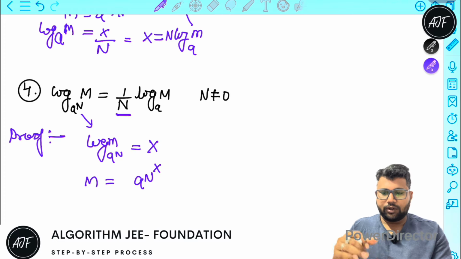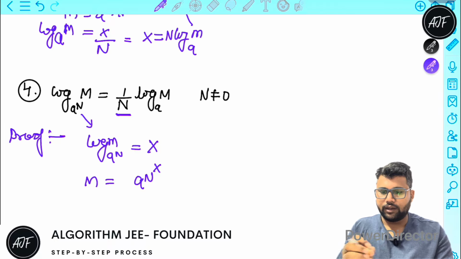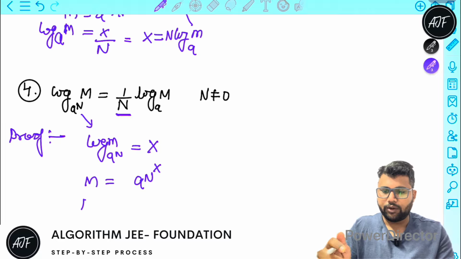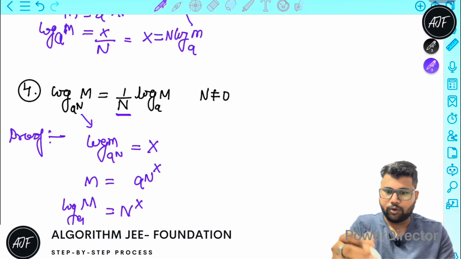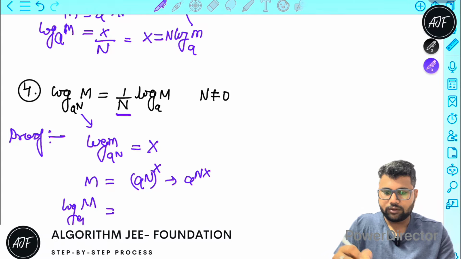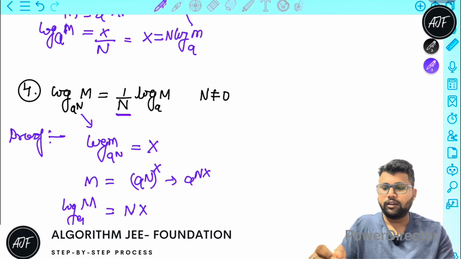So it converts into a multiplication, a power nx. Now n is shifted to this side, then 1 upon n log m base a is equal to x. That's the proof.